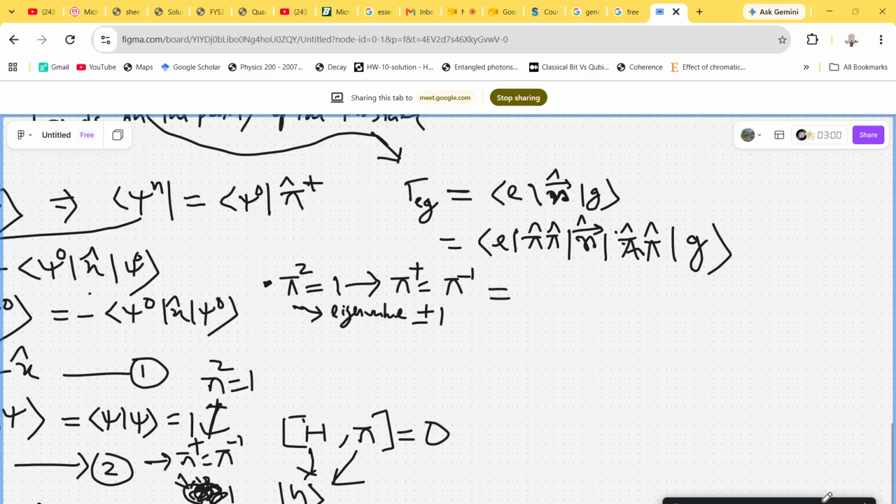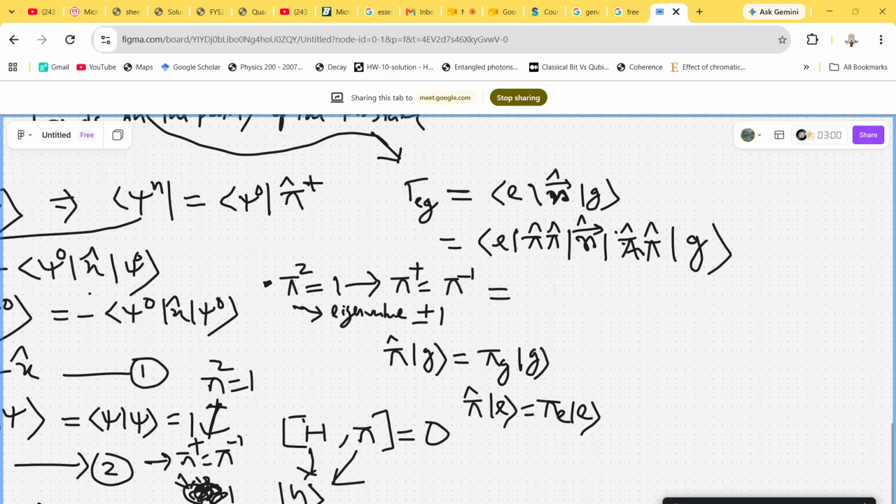So that's why I can write that pi cap on g as pi g times g, and pi cap on e, I can write as pi e times e, because pi g and pi e values I don't know yet, it can be plus 1 or minus 1.